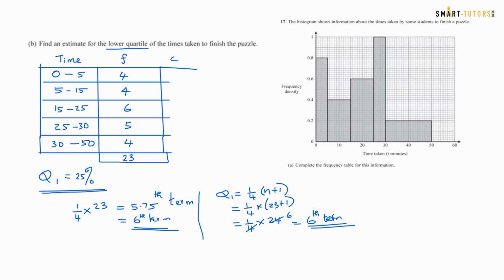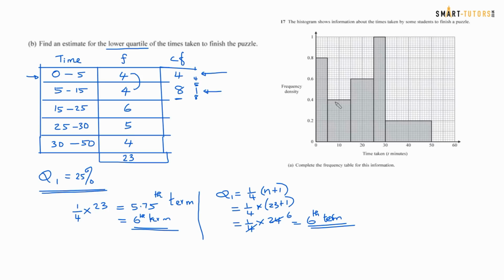How do we find the 6th term? So this is the frequency table. If you have the cumulative frequency, up to 4 numbers are going to be in the first group, and 4 plus 4 is 8, so up to 8 terms are going to be in the second group. Let me explain that again. The first number to the 4th number is going to be in the first group.